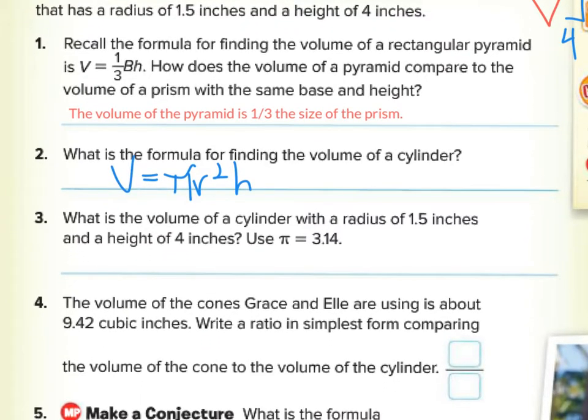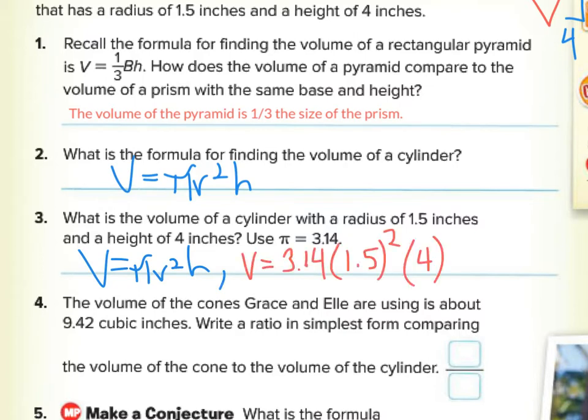And question 3, what is the volume of a cylinder with the radius of 1.5 inches and a height of 4 inches? This would help us find the cylinder, and we would take the dimensions from the cone to find the cylinder. Essentially, I would start with volume equals pi r squared h, and now I'm going to replace those variables.